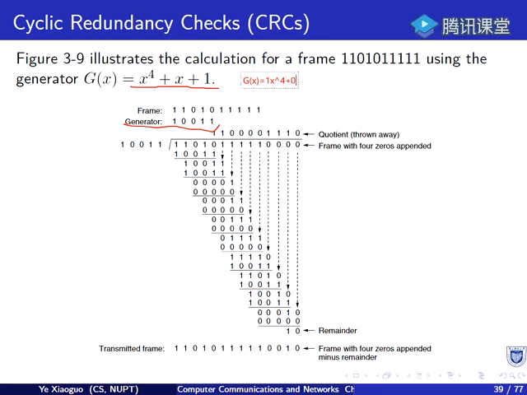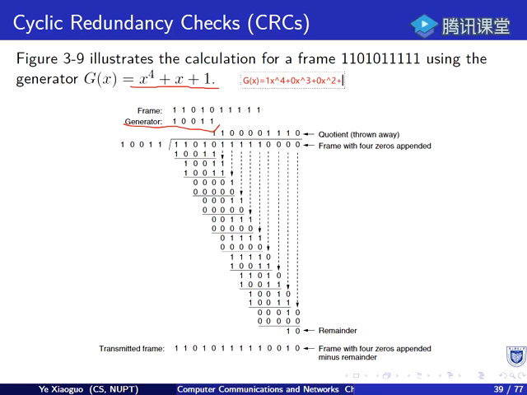Plus coefficient 0 times x^3, since there's no such term. 0 times x^2, right?